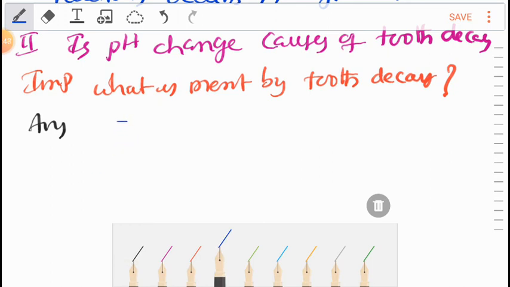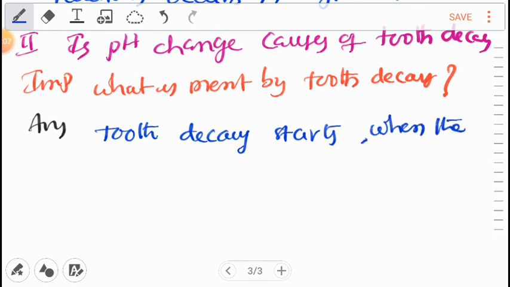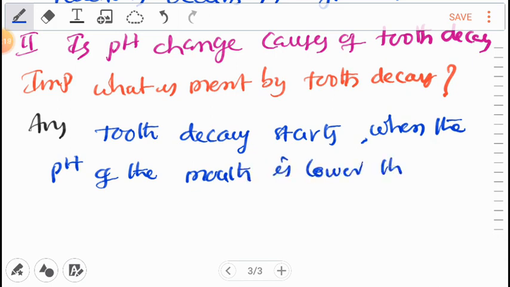So it is very important. Tooth decay starts when the pH of the mouth is lower than how much? 5.5.